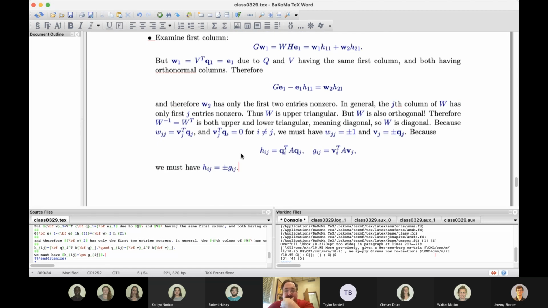So they have the same absolute value. All right, so that's a proof of the implicit Q theorem.